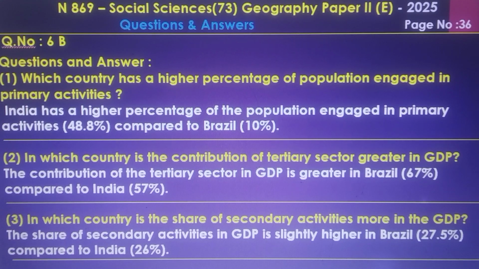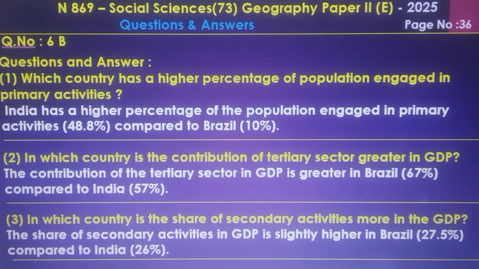The first question, which country has the higher percentage of population engaged in primary activities? India has the higher percentage of population engaged in primary activities, 48.8% compared to Brazil's 10%. The second question, in which country is the contribution of the tertiary sector greater in GDP?